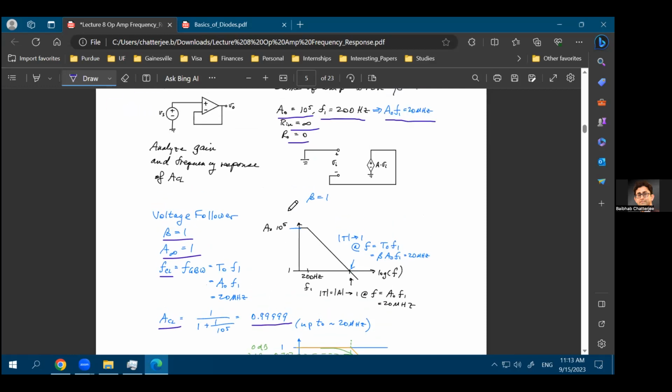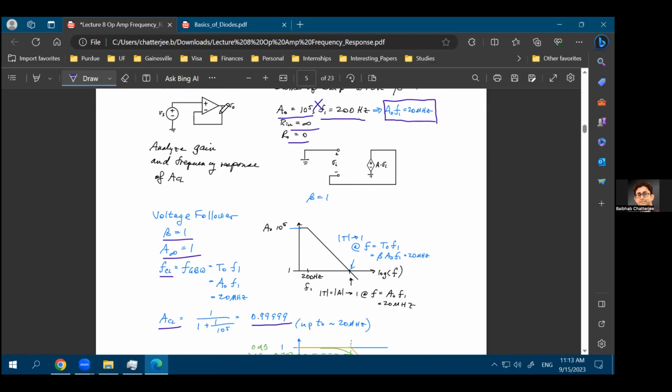And what would be your closed loop bandwidth? Because gain is equal to 1, what would be the bandwidth? Bandwidth will be equal to the gain bandwidth that you had earlier. The gain bandwidth does not change. This is the open loop gain bandwidth product. Open loop gain, which is 100,000, multiplied with open loop bandwidth, which is 200 Hz. What is the open loop gain bandwidth product? Product of those two, 10 to the power 5 multiplied with 200, gives you 20 megahertz.